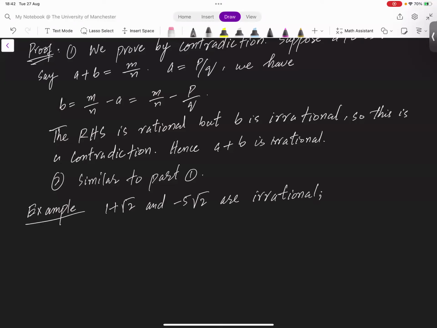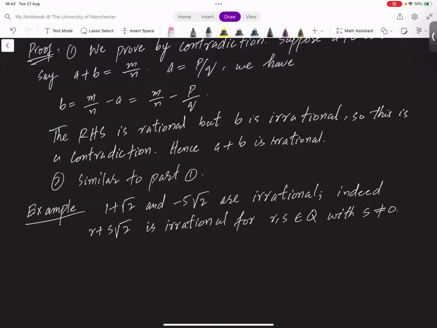So indeed, r plus s under root 2 is irrational for r and s in the rationals with s not equal to 0.